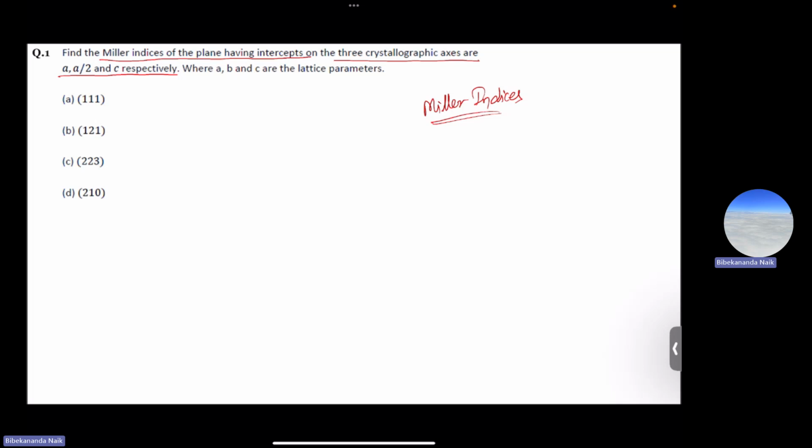So let's discuss the question. There are three intercepts x, y, z. Suppose A, B, C are lattice parameters, and the intercepts are A, A by 2, C. Sorry, this should not be A by 2, this should be B by 2.